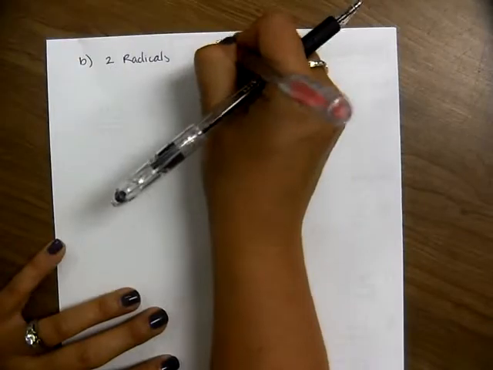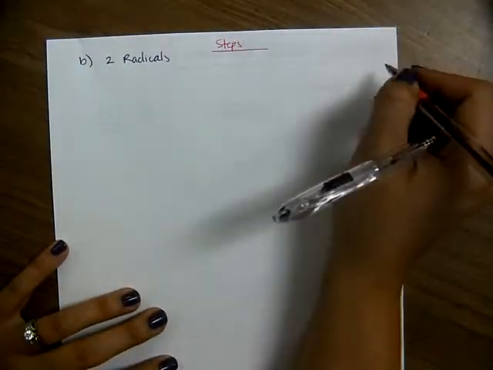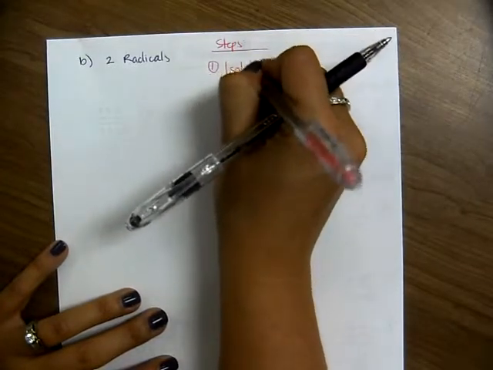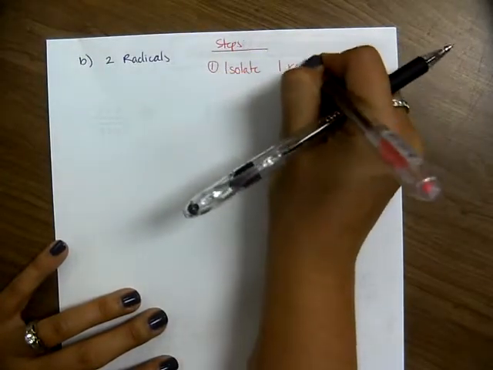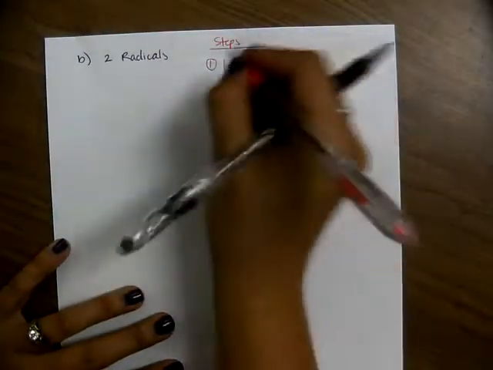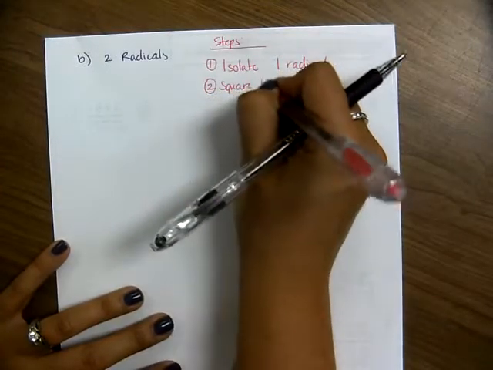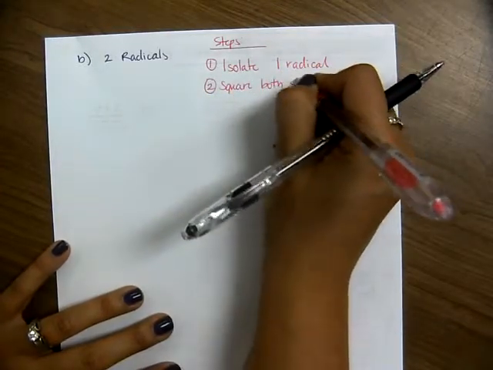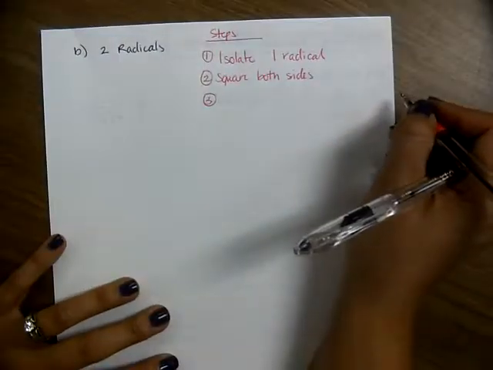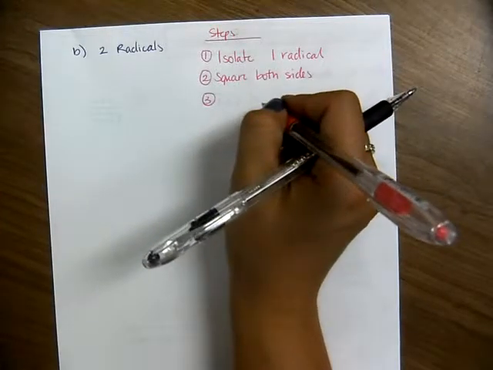So let's write out some steps for this. It starts out similar. You have to isolate the radical, but now we're just going to isolate one radical. Then we're going to square both sides. Step 3. Once you get there, you're still going to have a radical left over.